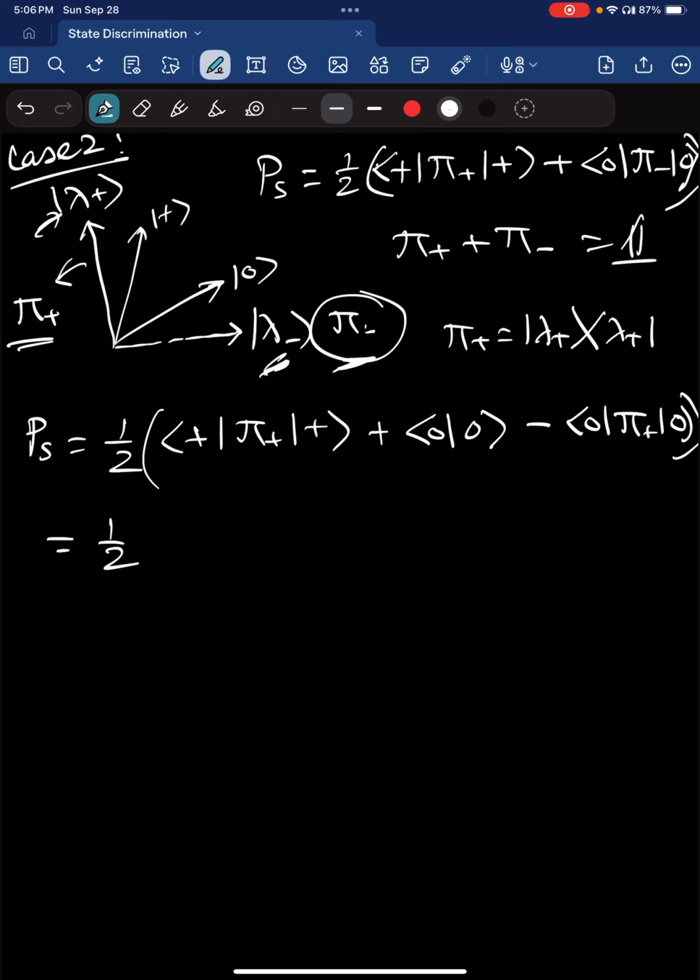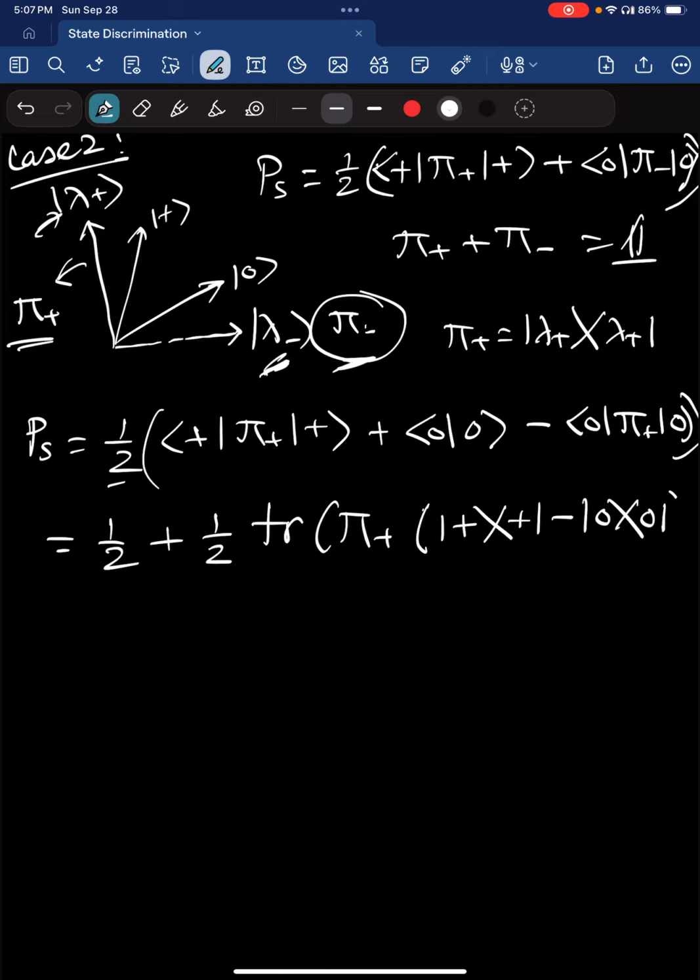And now if you actually put this and rearrange this, you can actually, for this one, half, and then there is half, and then you can actually write these ones as, yeah, sorry, trace of pi plus, and there is this term. Okay, yeah.